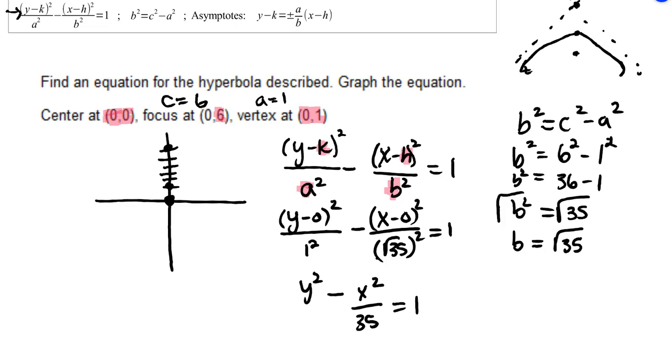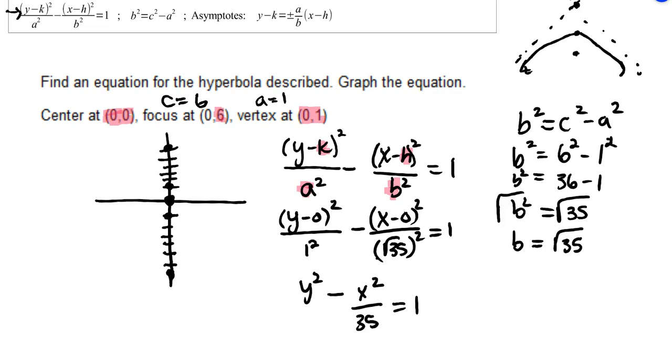Then we want to graph that equation. So I'm going to take the sketch that I've already started. If I have a vertex at 0, 1, I will have another vertex on the other side of the center at 0, negative 1. And then I have a focus at 0, 6. I'll have another focus at 0, negative 6.